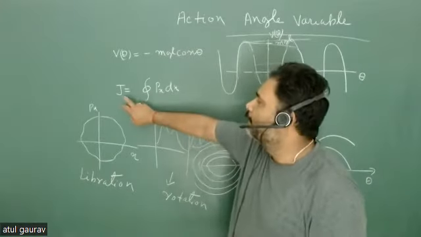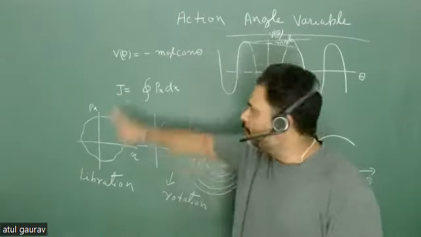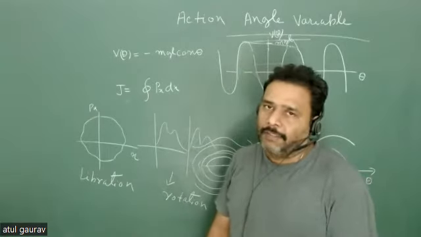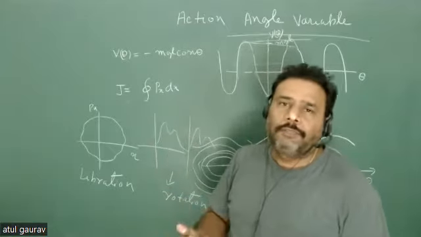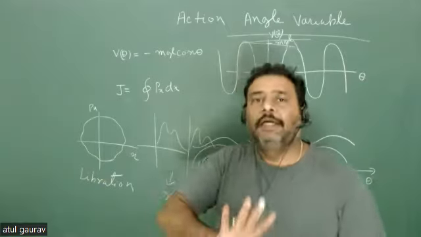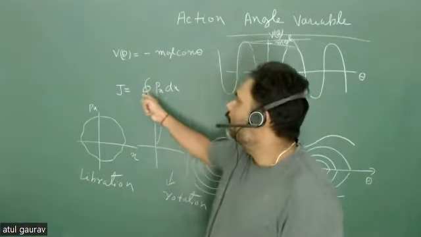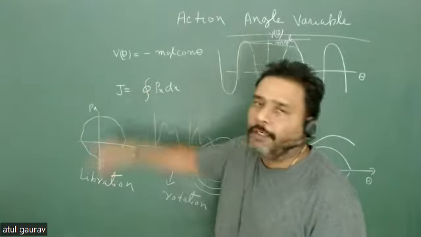By calculating the value of J. Once we are able to calculate the value of J, we can easily calculate the frequency or time period of any rotational motion. Rotational or libration motion means any periodic motion. And this is an integration over one particular period.